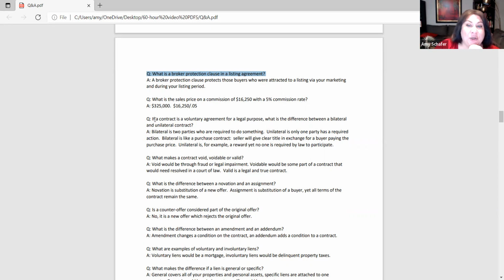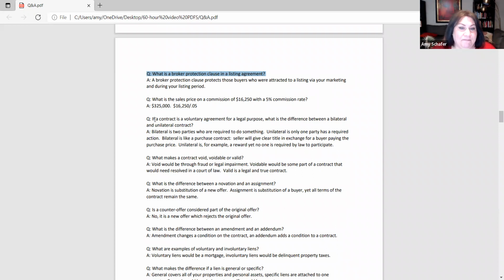Bilateral would be a purchase agreement. I've agreed to buy your property for $300,000. And in exchange, you're going to give me clear title and fix the furnace. Unilateral is where I make you an offer, and then I decide whether I'm going to exercise my right to purchase it or not. So you're just holding there tight. That is called an option contract.